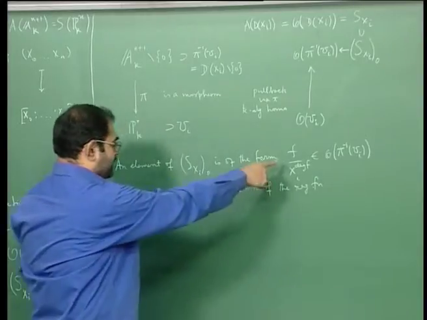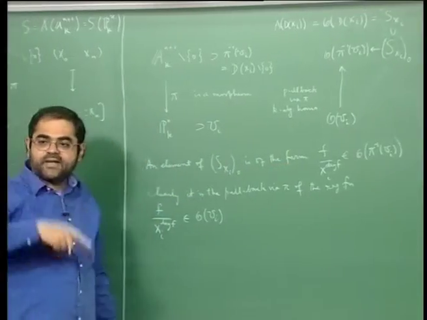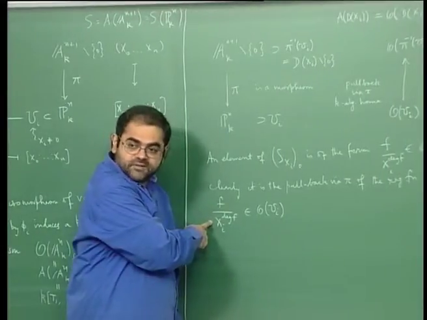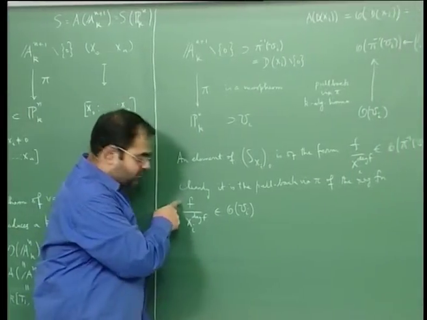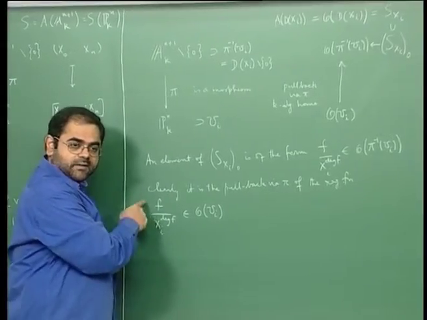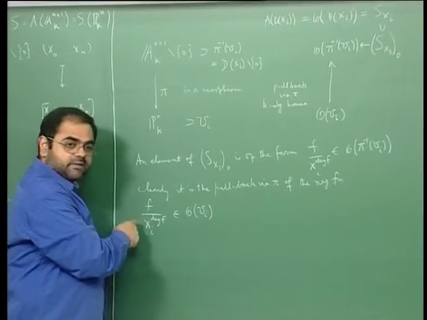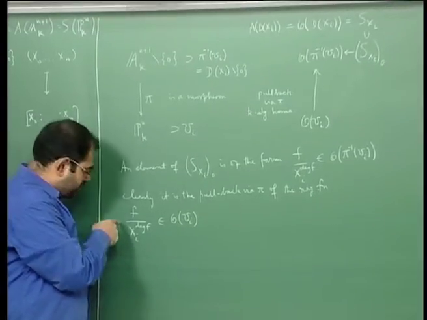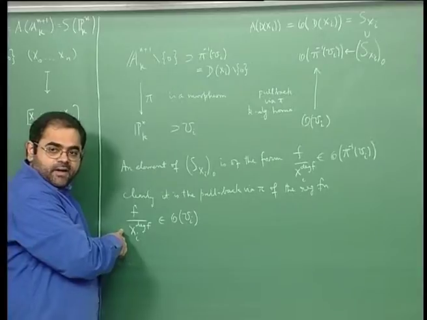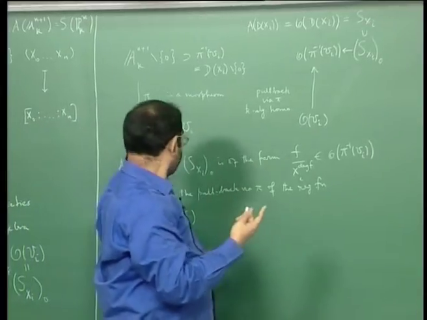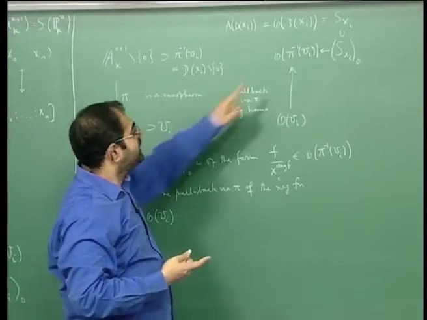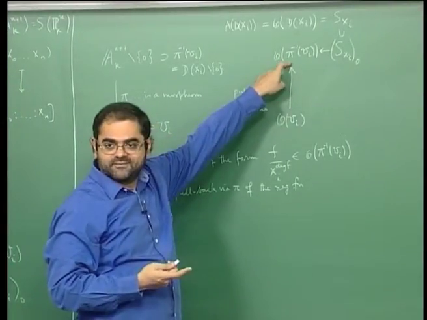Since it is constant on lines passing through the origin, it also goes down to define a function, and that regular function is also given by the same expression. It is of the form one homogeneous polynomial by another of the same degree. So it is the same regular function that it defines below also. And if you pull back this function below via pi, you will get this regular function above, alright.